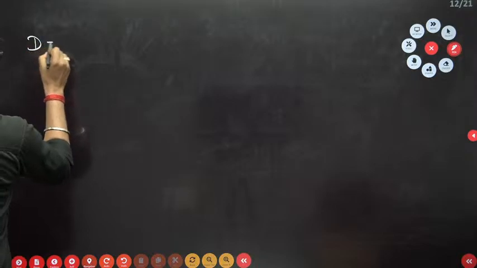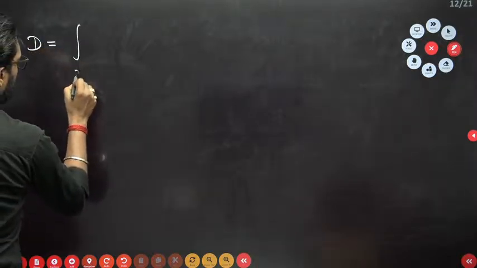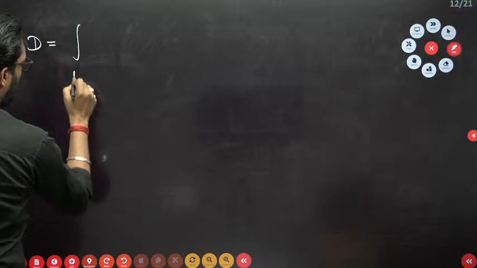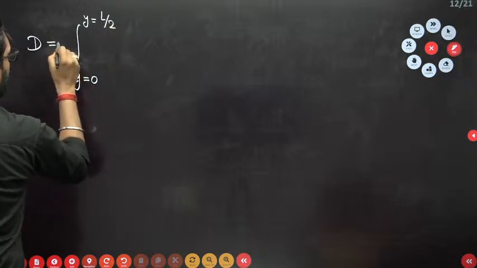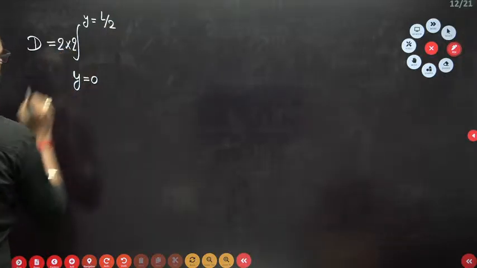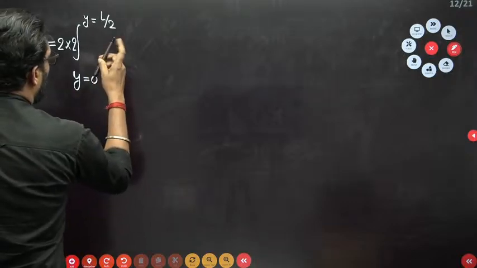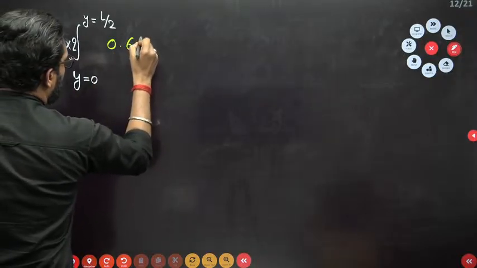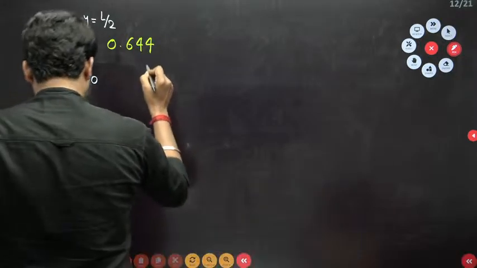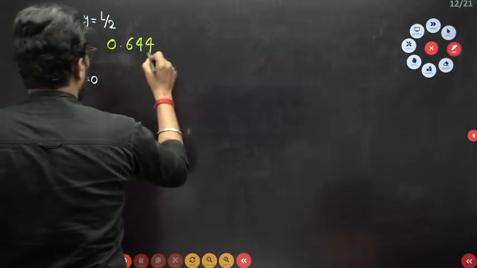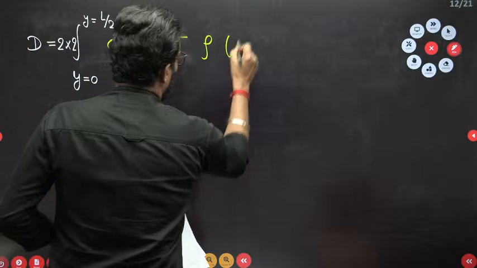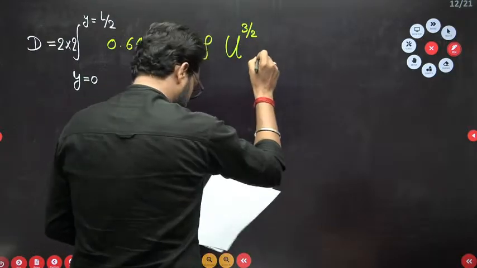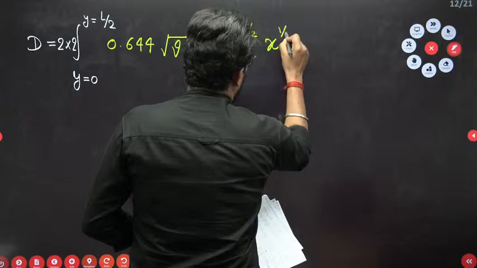So D is equal to the integration from y equal to 0 to y equal to L by 2, here 2 into 2 into 0.644 square root of kinematic viscosity, density, U to the power 3 by 2, x to the power 1 by 2 into dy.